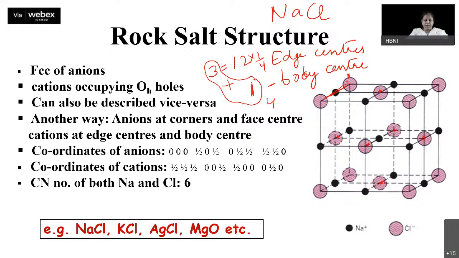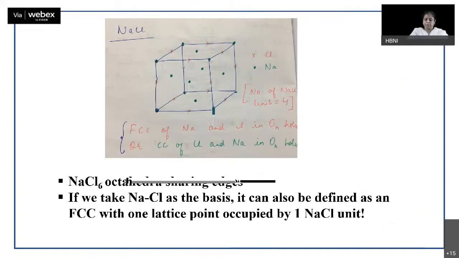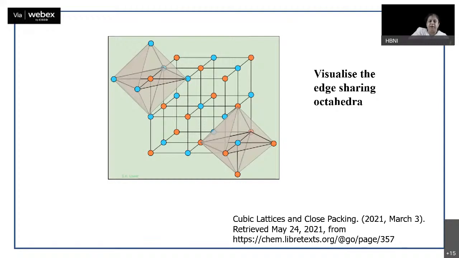Now, coming to the space sharing polyhedra. Okay. Now, you consider this particular cube. Let's say the orange one is chlorine and the blue one is sodium. This is sodium. Okay. Now this is one particular octahedra.